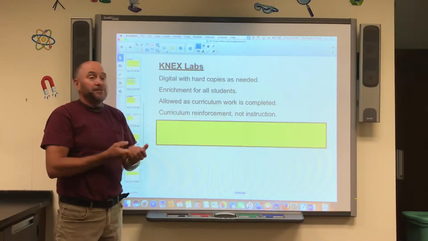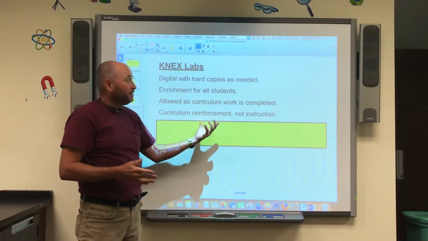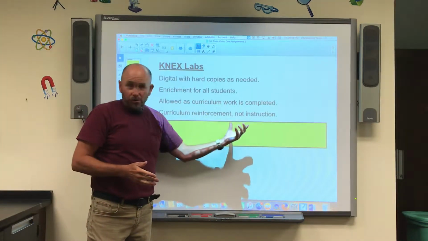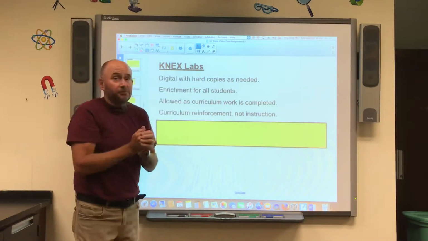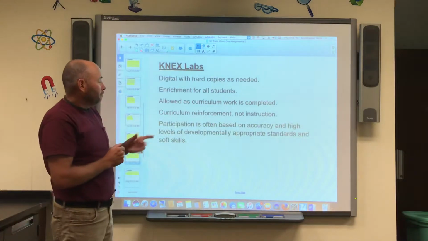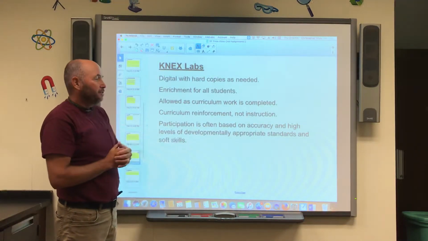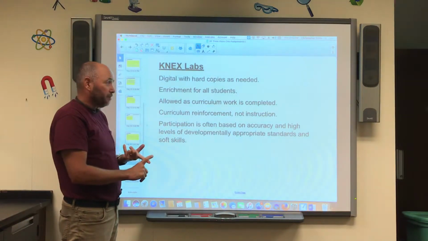Curriculum reinforcement, not instruction. Again, it is enrichment. It reinforces the concepts. It does not instruct them. Okay, the nature of inquiry through enrichment labs does instruct, but that's not the target. Participation is often based on accuracy. Are kids doing accurate work on the regular curriculum work?